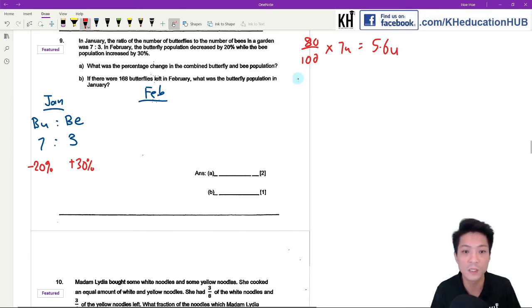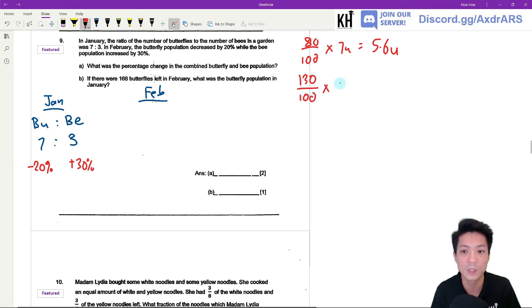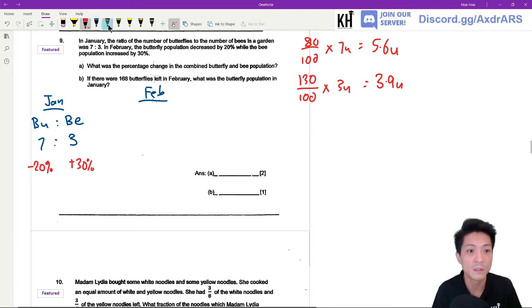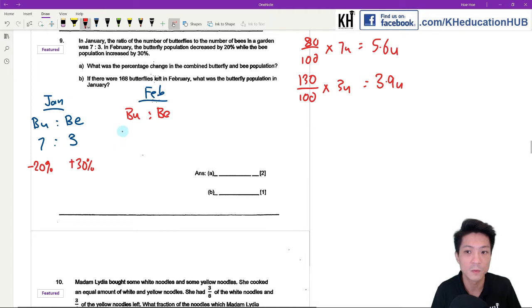For the bees, I'm going to increase it by 30%, so 130 over 100 times 3 units gives me 3.9 units. So in February, the new ratio of butterfly to bee is 5.6 to 3.9.